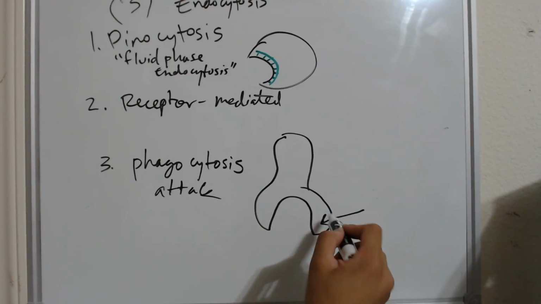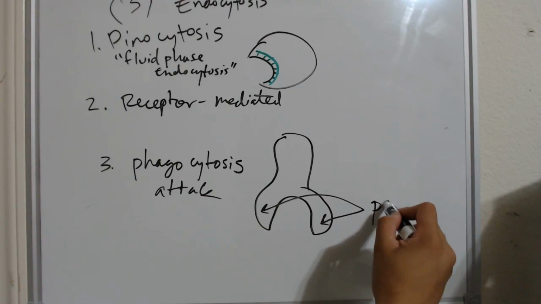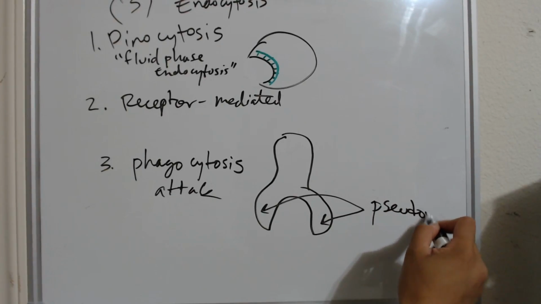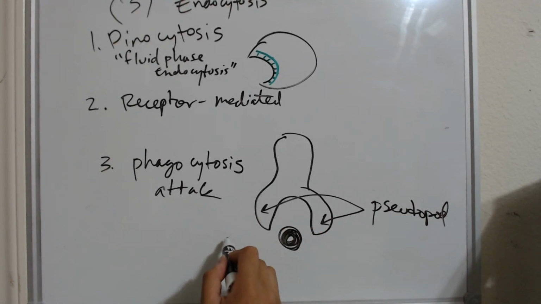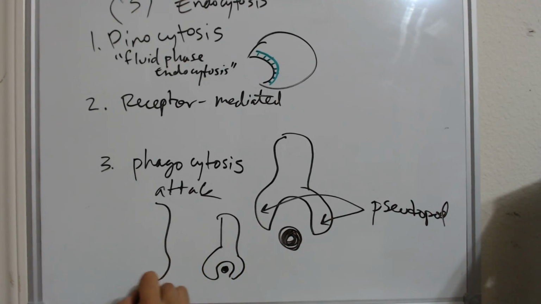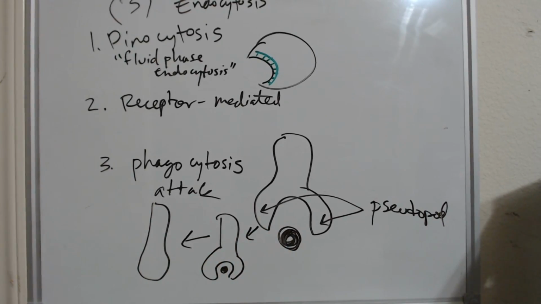And so this is what are called pseudopods. White blood cell attacks something, let's say this is a bacteria, will attack, and then it will eventually absorb it. So it goes like this. That's phagocytosis.